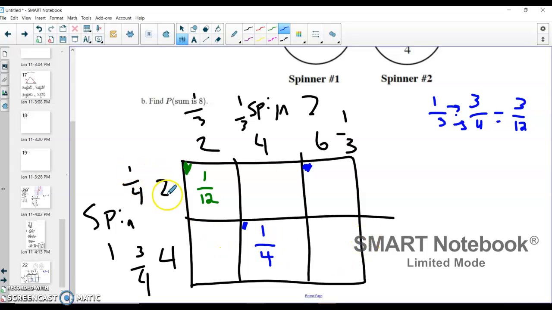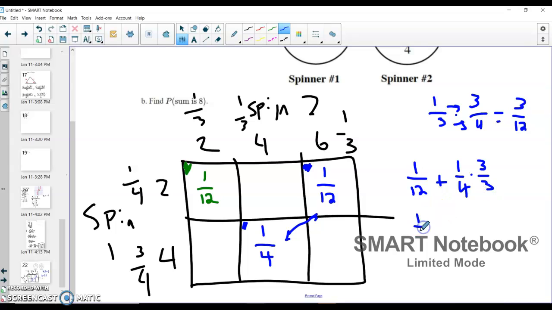And then I can do the 2 and the 6 now, so that's 1/4 times 1/3. That is 1/12. Now I want the total probability of getting a sum of 8. So I need to add the two blue boxes together. That gives me 1/12 plus 1/4. I need a common denominator to add fractions, so I'm going to multiply this fraction by 3/3.